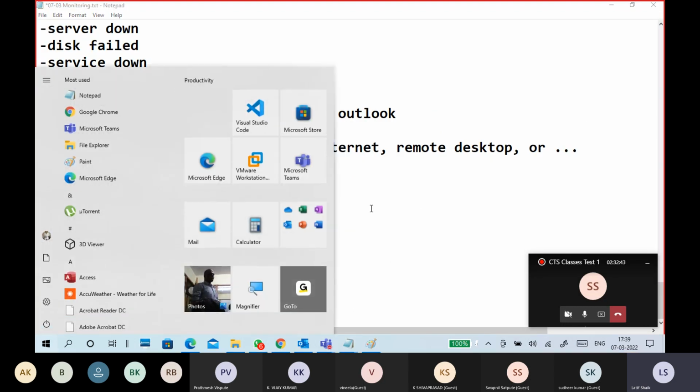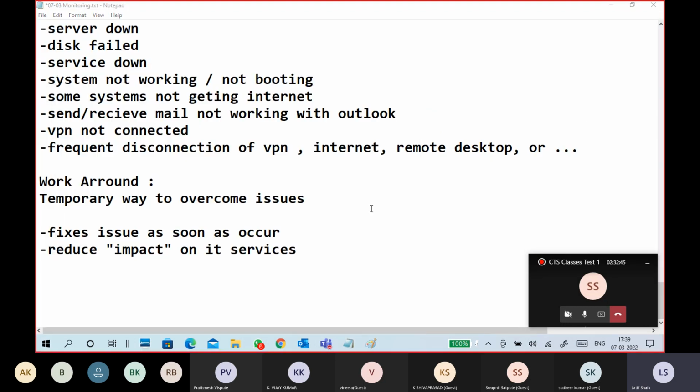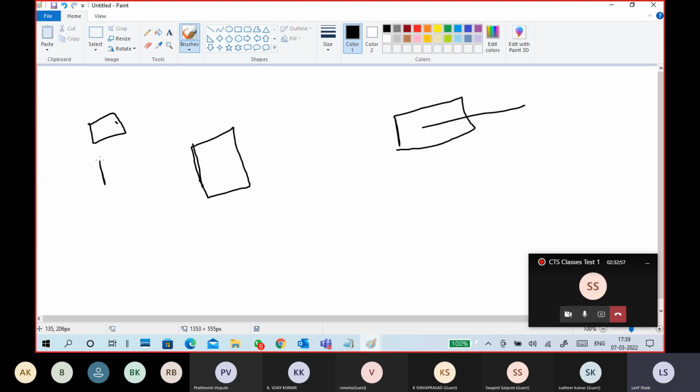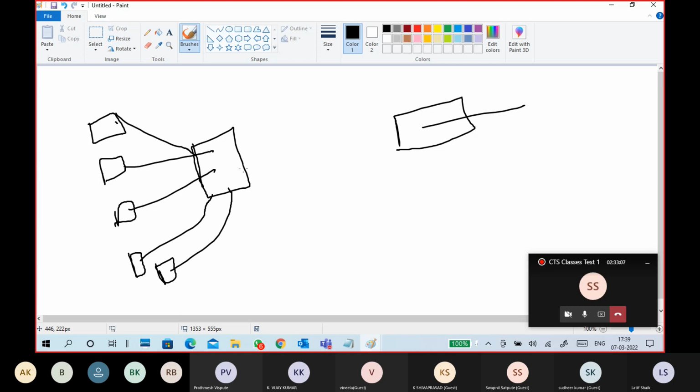I will show you that. I'll open another Paint. So look here. This is my internet or router, and a switch is connected outside. This is my switch, and I have computers or devices connected. See the seriousness of the impact. I said there is a wire problem.